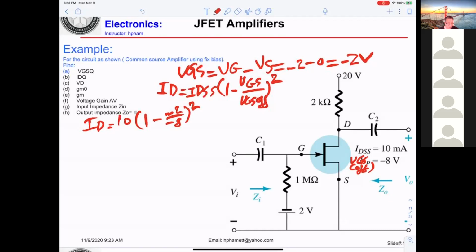I think I'm doing the math wrong because I keep getting a value higher than IDSS. I got negative 10 milli. Oh, I know what I forgot to do. It's 5.625.